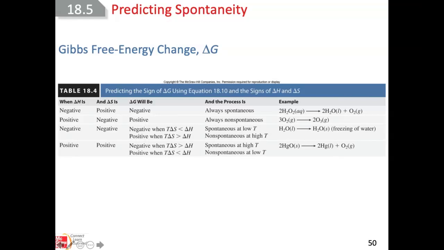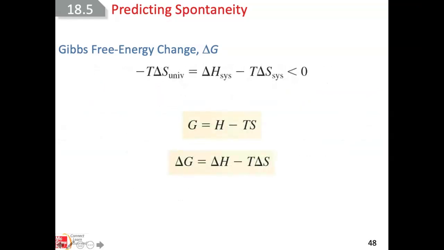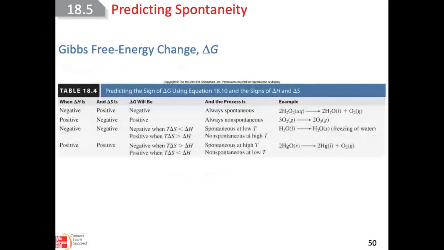For example, hydrogen peroxide will always decompose into H2O and oxygen, regardless of the temperature. So with delta H minus and delta S plus, delta G is always negative, meaning energy is released, and we can take that energy and do something useful with it.